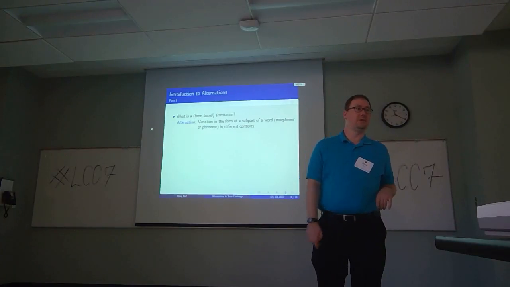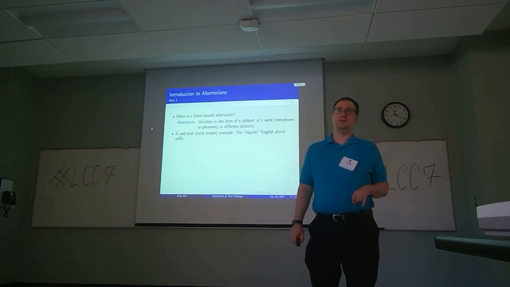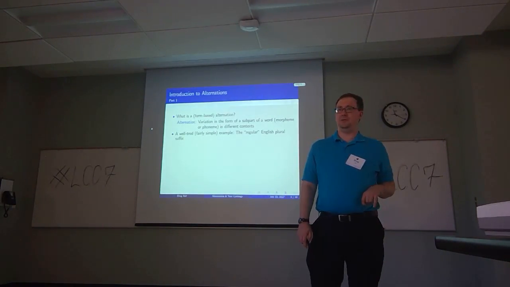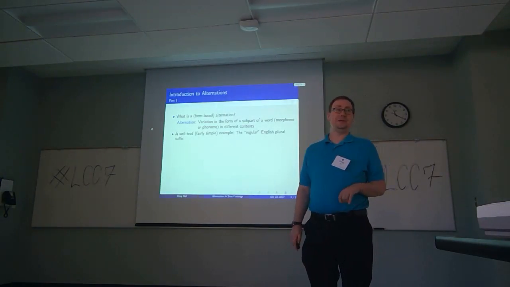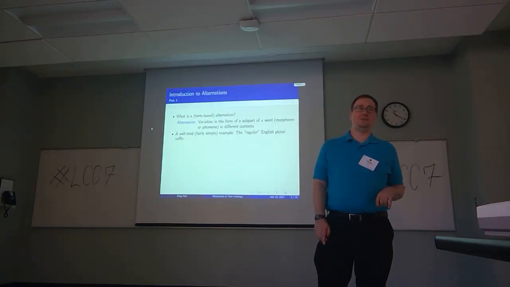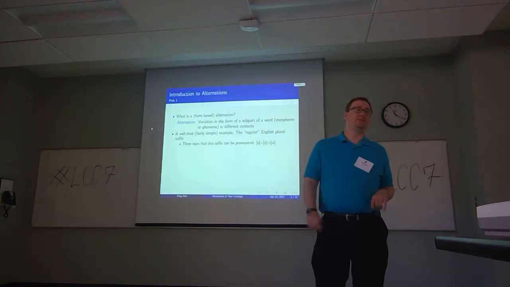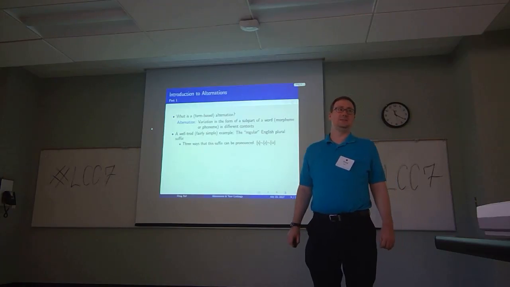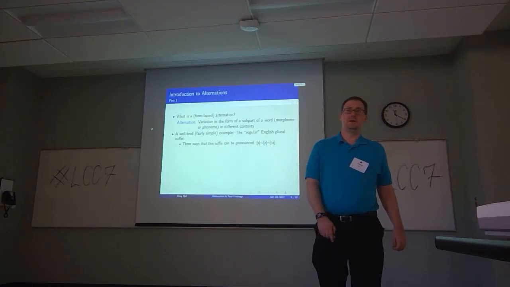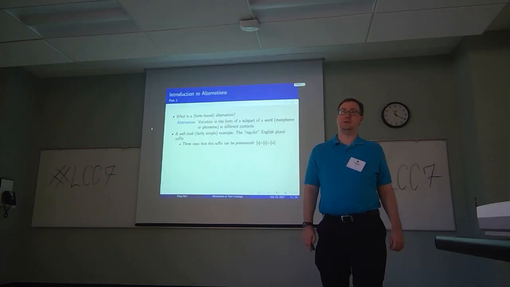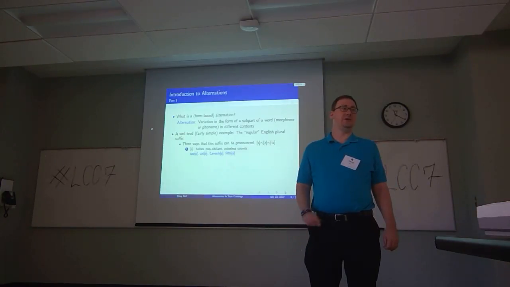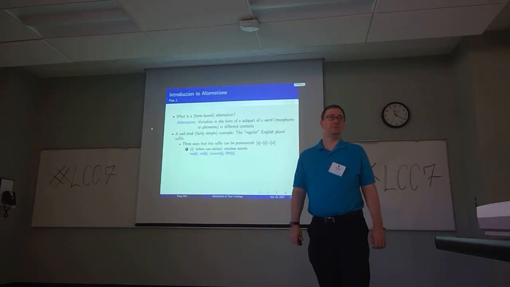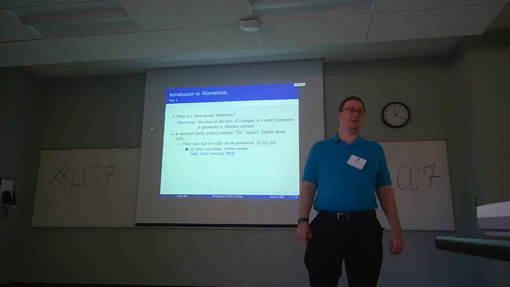A simple example that is used in intro textbooks, and even I discovered Wikipedia, is the regular English plural suffix. So there are three ways in which this can be pronounced, s, z, and iz, but it's not random where you get each of these. So you get s before non-sibilant voiceless consonants, such as in cats or Canucks.